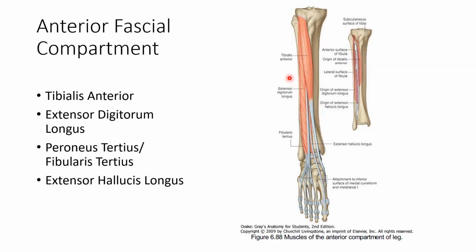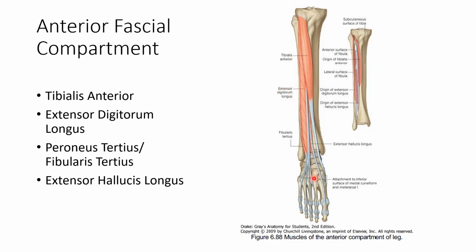If you try to understand what their names mean, it will be easier for you to remember. The one arising from the tibia, from the anterior aspect, is called the tibialis anterior. Then you have the extensor digitorum longus. Extensor means extending the digits.